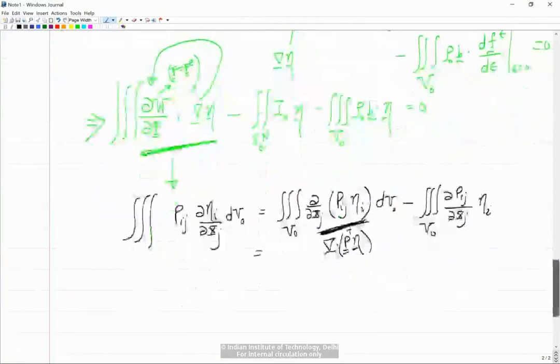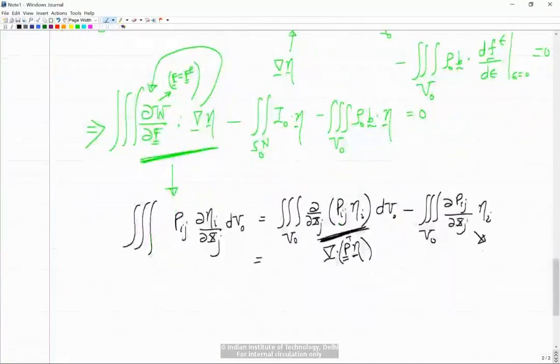Whereas this first term here is divergence dot P dot with eta. You can prove it using index notation. Just work it out, expand it, and you will see that this is what it is.